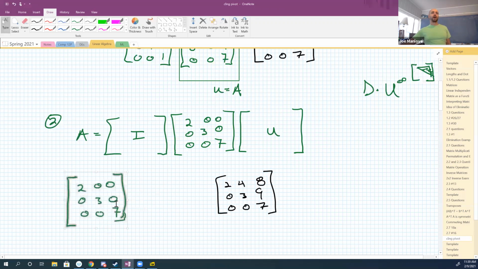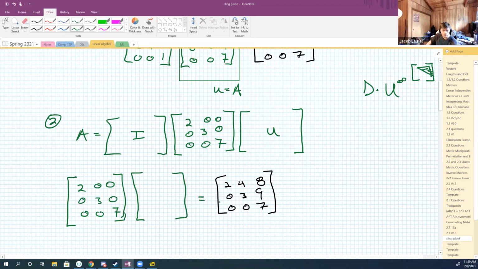And then I'm going to take that diagonal matrix, multiply by something, and I'm supposed to wind up with this. Wouldn't you just divide the diagonal piece from the row that it corresponds to? So like 2 would divide from 2, 4, 8. Oh, that's interesting. And 3 would divide 3 and 9.